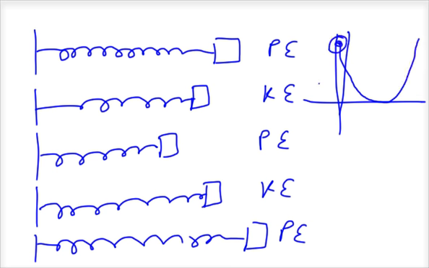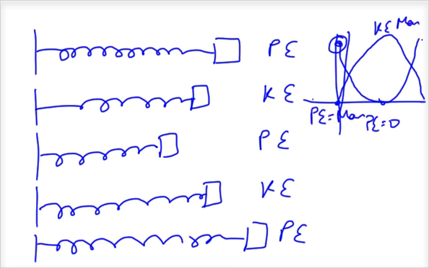Initially the potential energy is high, it becomes 0, and then it becomes kinetic energy. Then the potential energy again increases. Initially the kinetic energy is 0, it goes to its maximum value, and then again it comes down. That means when the potential energy is equal to 0, the kinetic energy is max. When potential energy is max, the kinetic energy is 0.